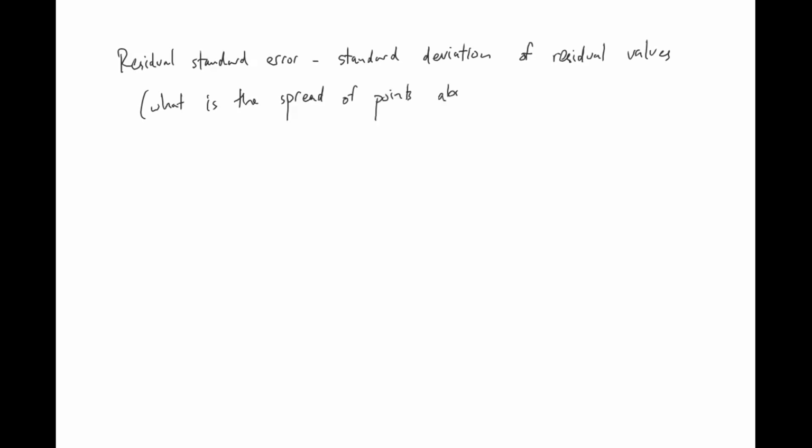This is the standard deviation of residual values. So if you think about what that means, this is essentially asking what is the spread of points about the regression line.